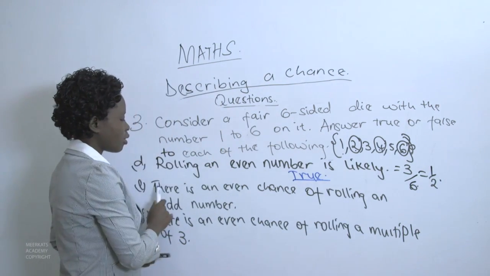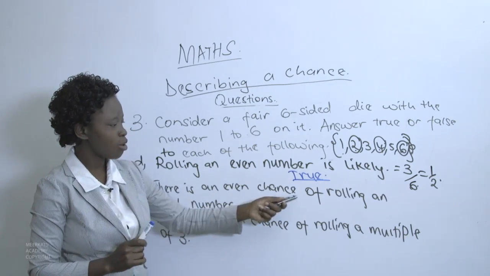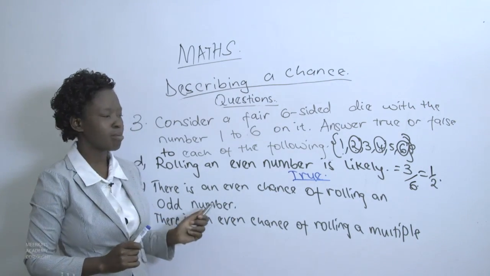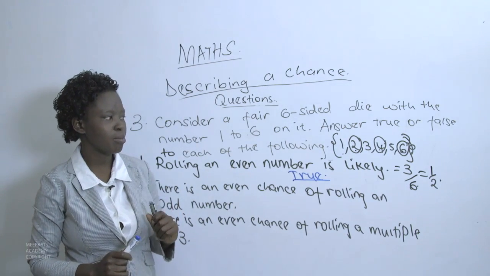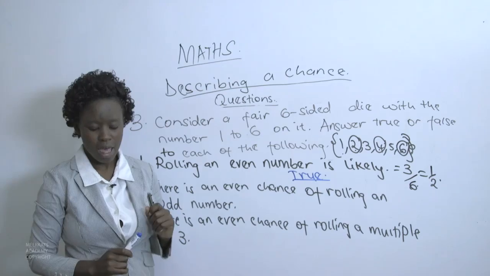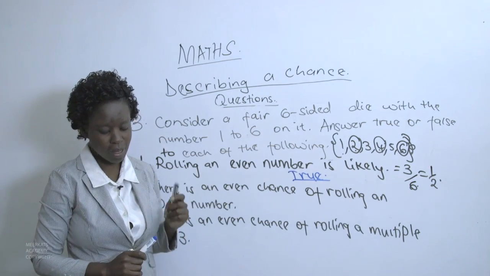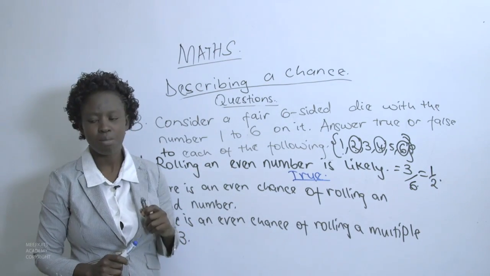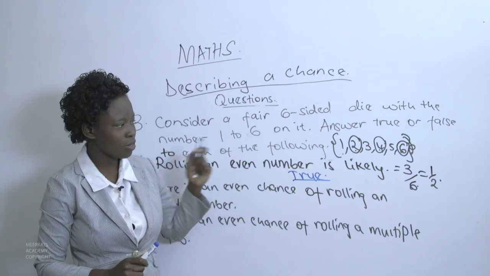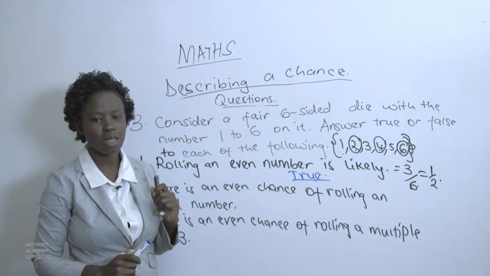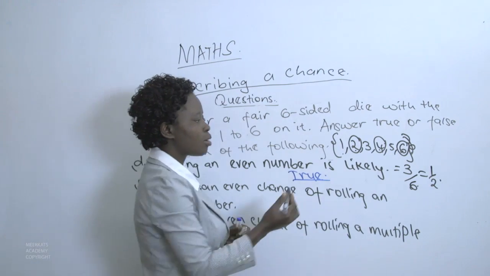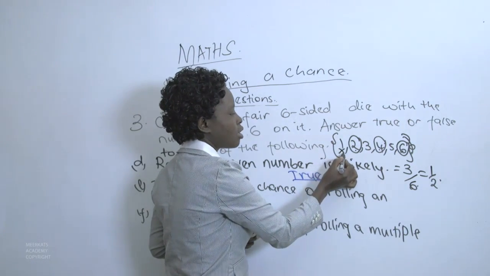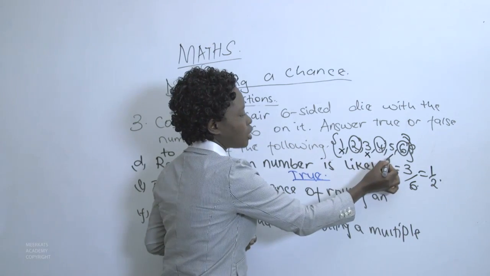Then next we have: there is an even chance of rolling an odd number. We need to find out what these odd numbers are. Odd numbers are simply numbers that cannot be divided fully by 2. The odd numbers we have in this case, there are also 3 of them.